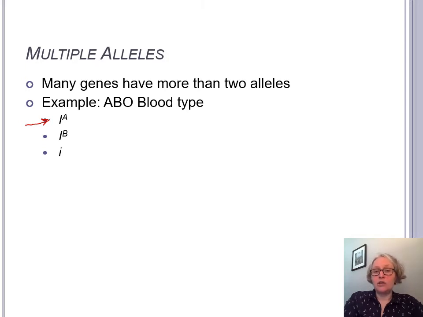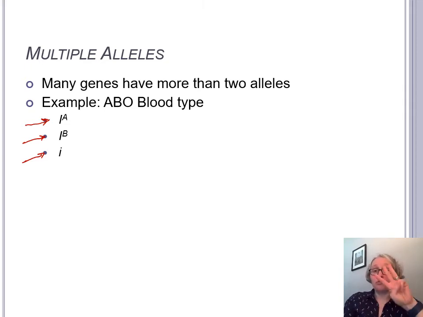Notice that we're using an uppercase letter I to represent that this is a dominant allele. This codes for the placement of A sugars or A antigens on the surface of the blood. There is a dominant allele called the B allele, uppercase letter I with a B superscript. This codes for the placement of B sugars or B antigens on the surface of the blood. And then there's a recessive allele, little letter i, that codes for the placement of no antigens on the surface of the blood.